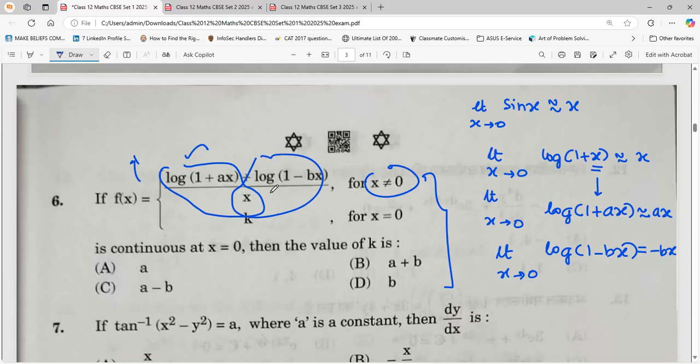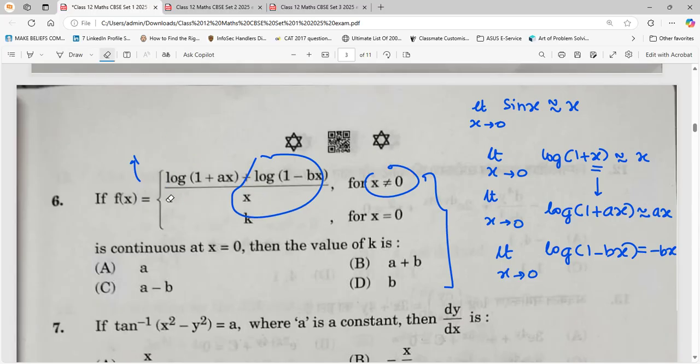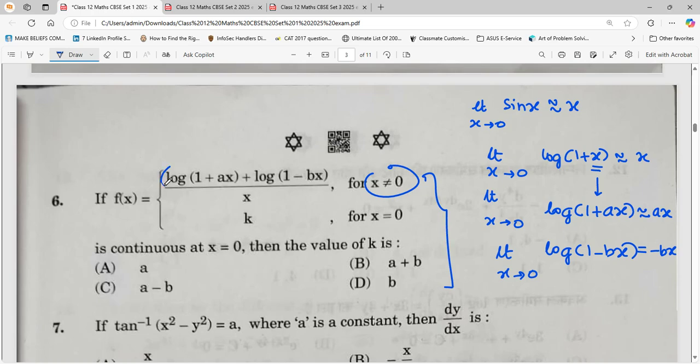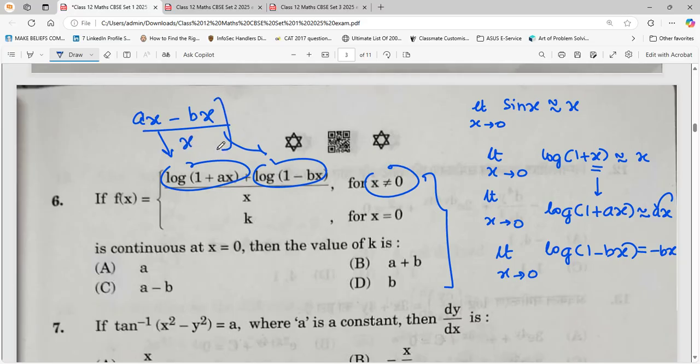Log of 1 plus ax can be approximated to ax minus bx. ax is for this term and bx is for this term, so the whole divided by x. So this is equal to a minus b. So the answer is option C.